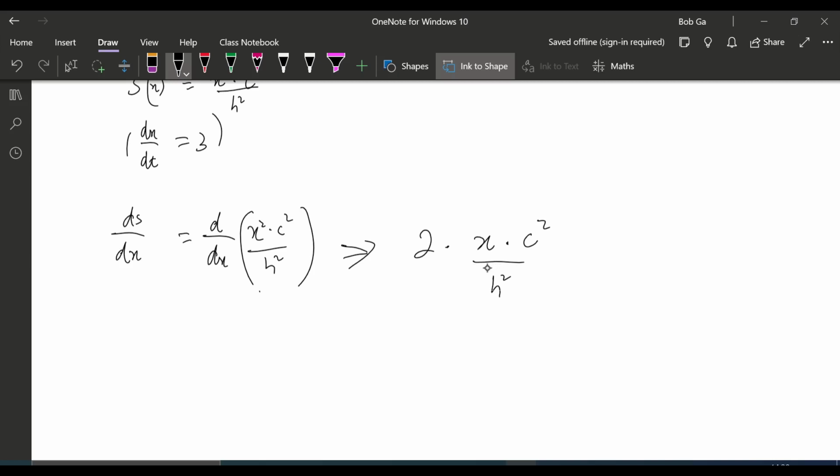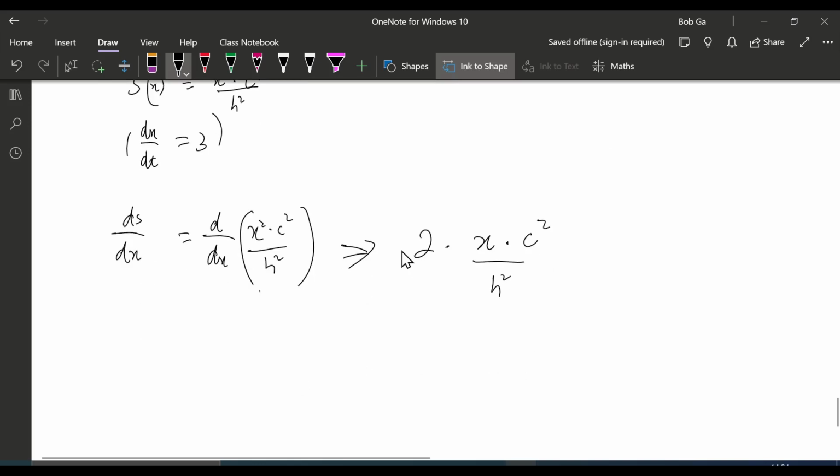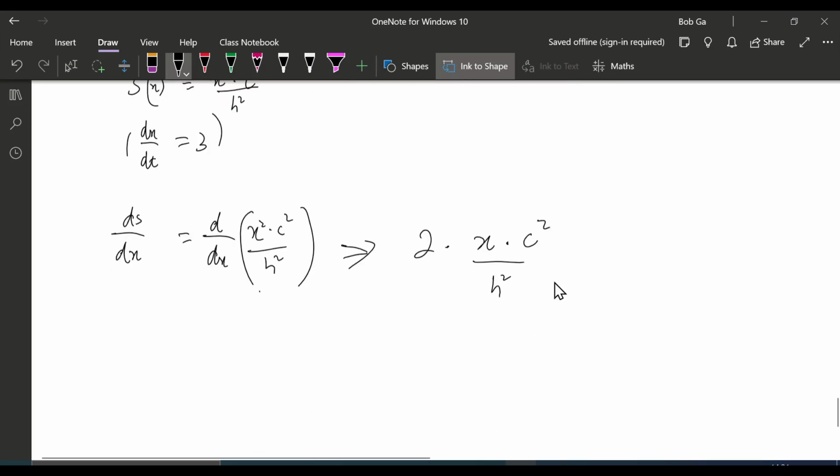Then we now evaluate the ds over dx. Because we're told, if we go back to the question again, find the rate of change of s of x with respect to time at the instant when x is half the perpendicular distance. So half the height, the perpendicular height of the pyramid. So what is the rate of change when it is h over 2 high, that is half the height?